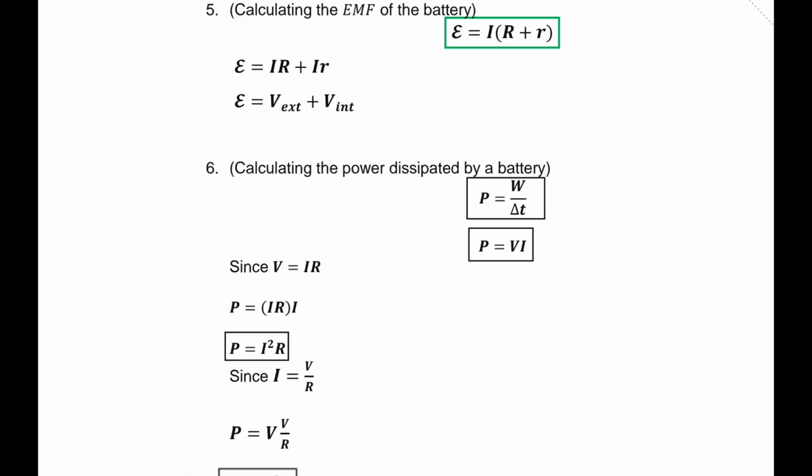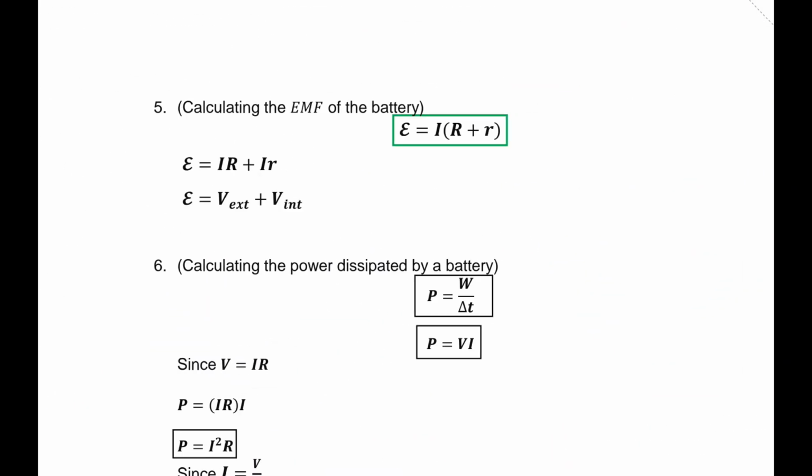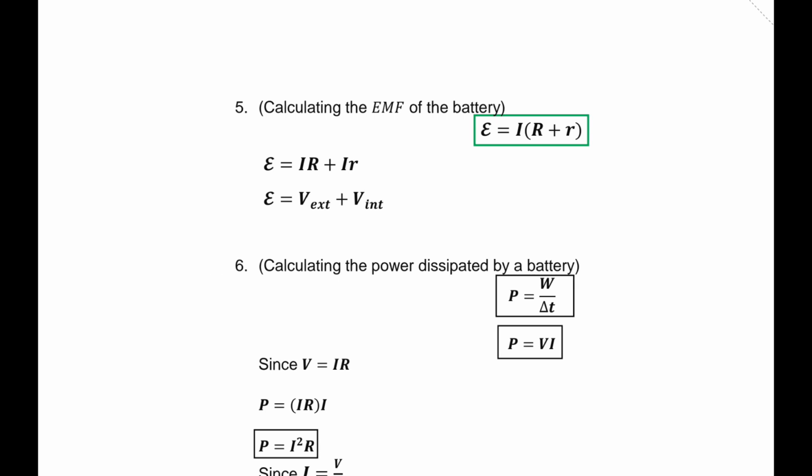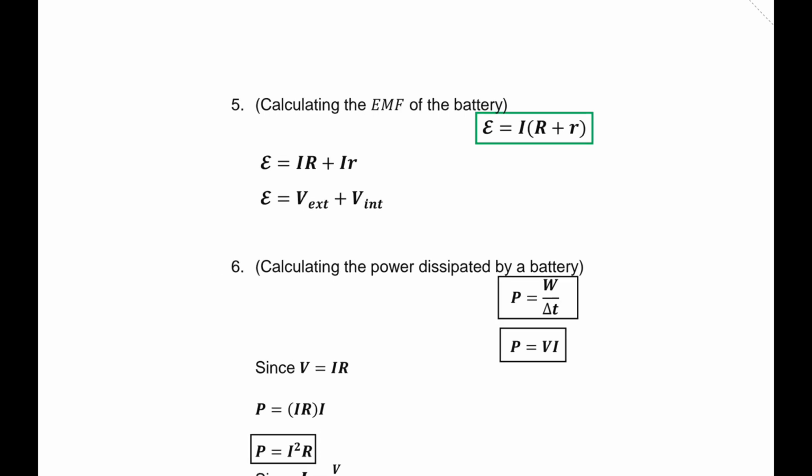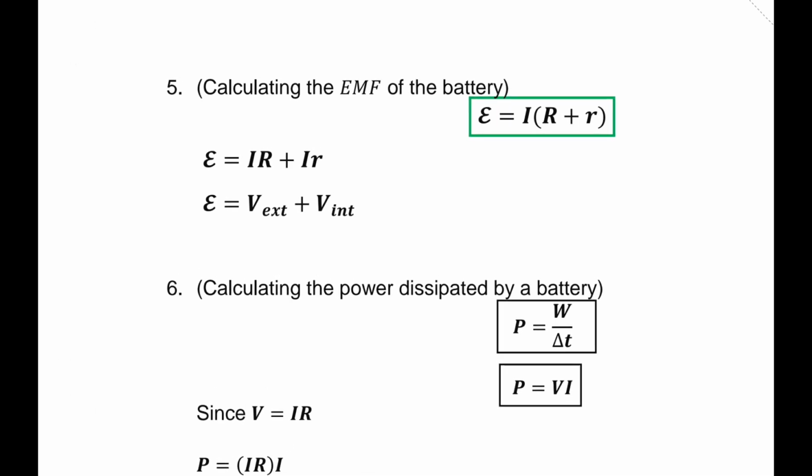Let's continue, we're still on the formulas. Calculating the EMF of the battery, this is the formula you're going to use: EMF equals current times, in brackets, external resistance plus internal resistance, so EMF equals IR plus Ir.